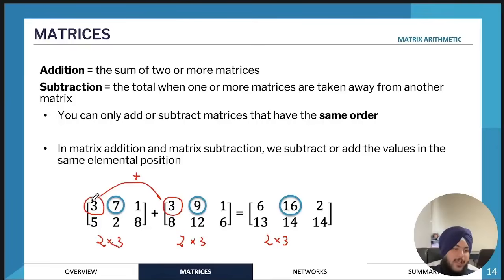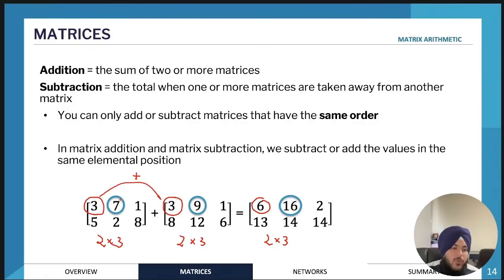When you add these two numbers, 3 and 3, in the same position on both matrices, the sum is going to be in the same position as well. It's just the addition of these two elements, so 3 plus 3 gives you 6.